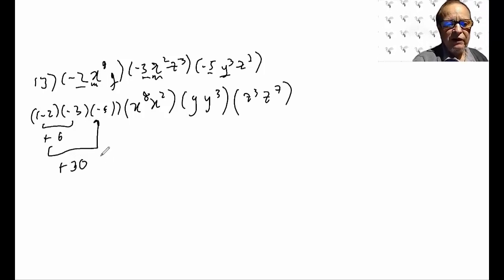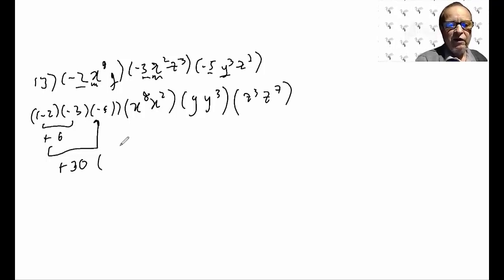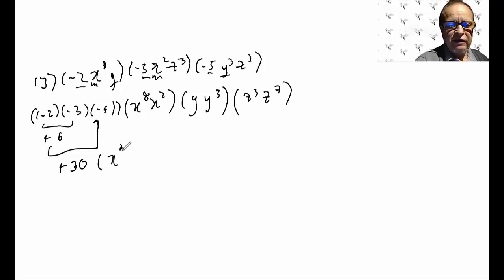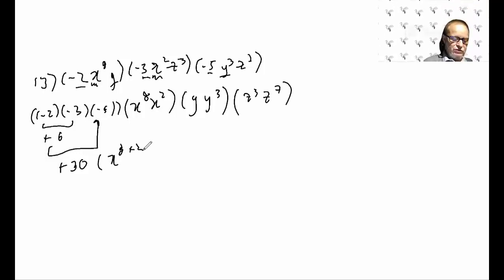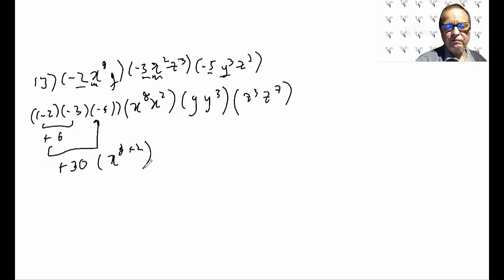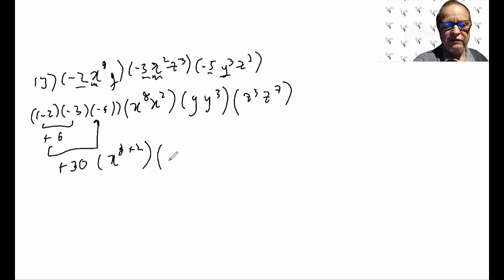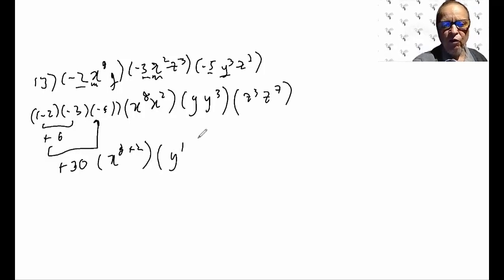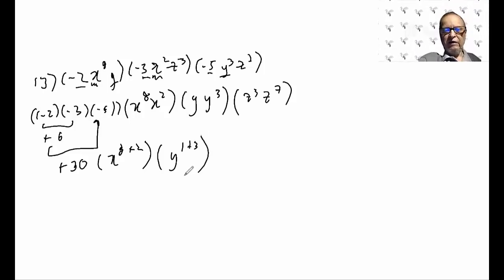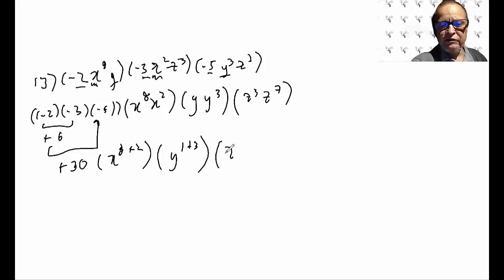Then for my next part, I have x 8 plus 2, using my product rule. And the next one here, I have y 1 plus 3. And finally, my z's, I have 3 plus 7.